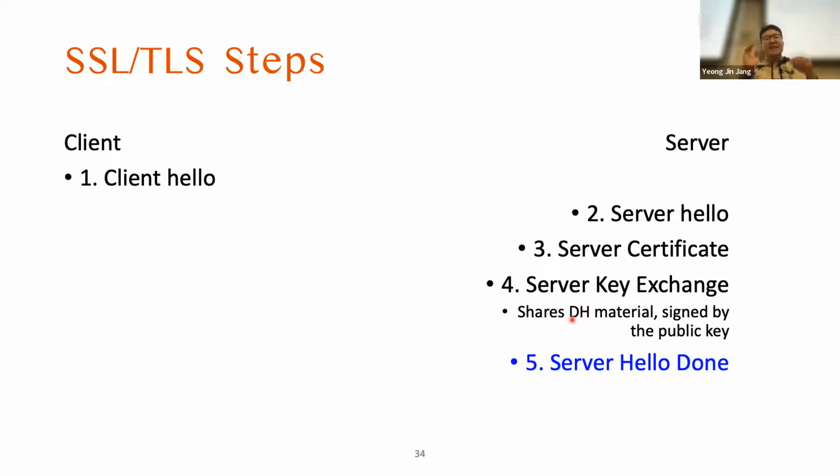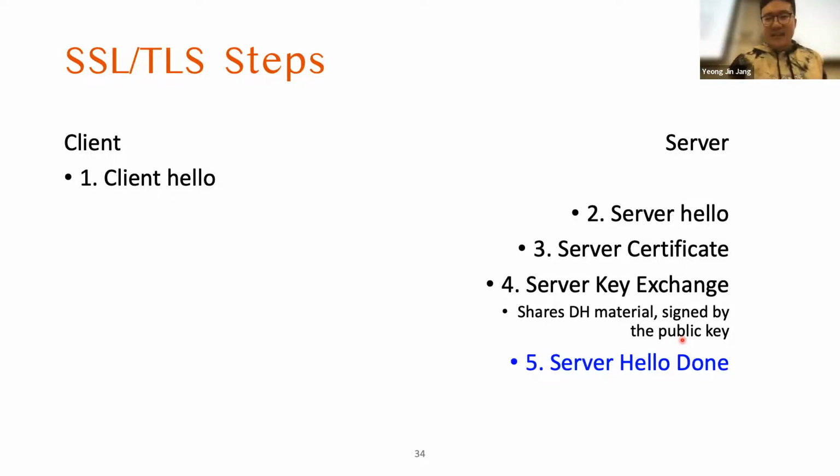When sending the Diffie-Hellman material, the server needs to sign it with the private key. The reason we sign the Diffie-Hellman material with the private key is that this value is indeed generated by the target server, not by a middleman.